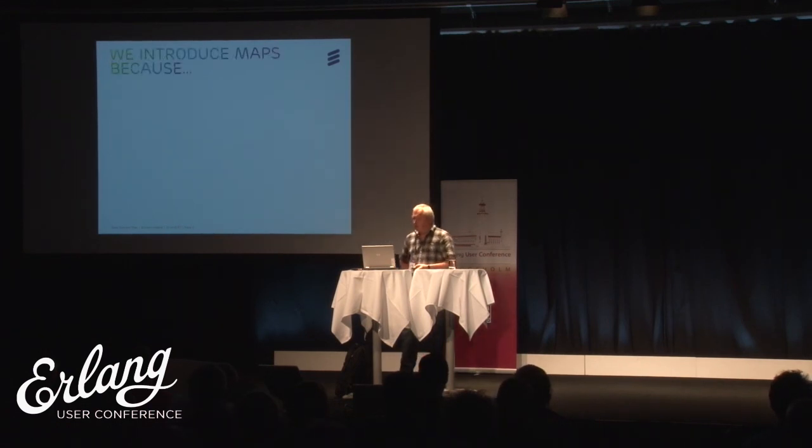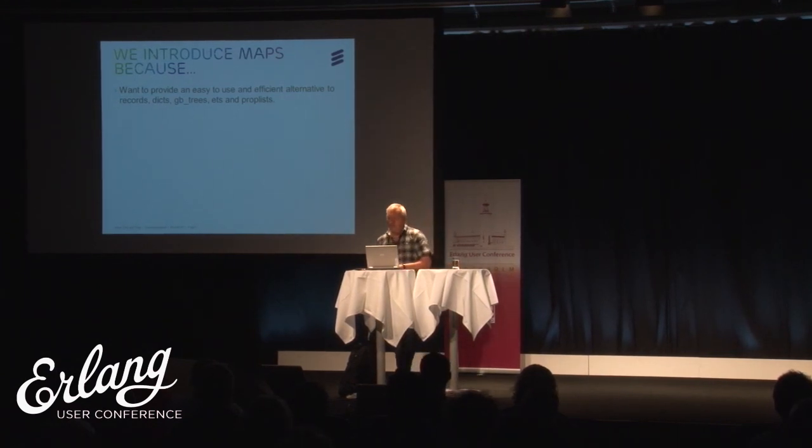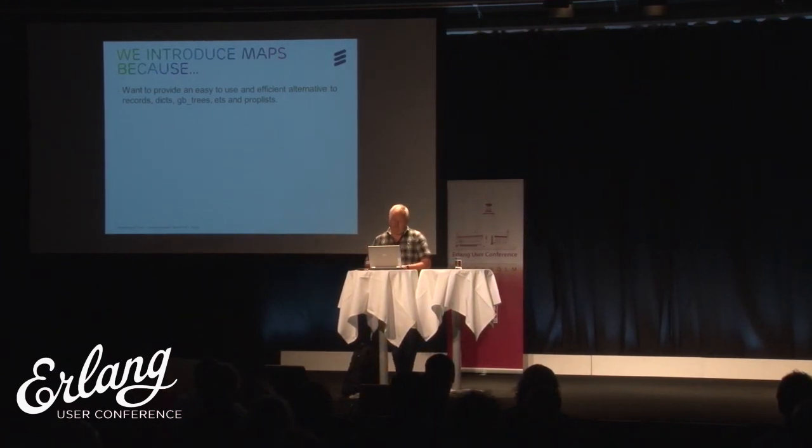So we introduce maps because we want to provide an efficient and easy to use alternative to records, dicts, GB trees, ETS tables, prop lists. Of course, it's not always good to replace these with maps, but in many cases it could be.